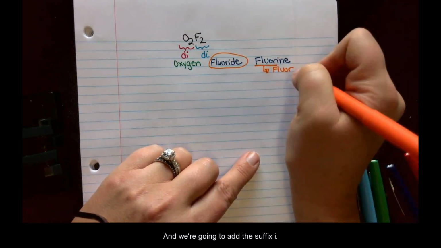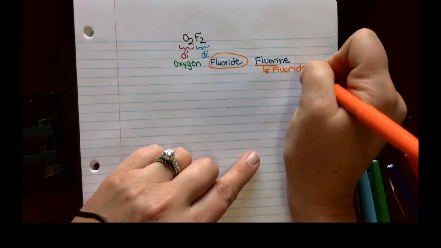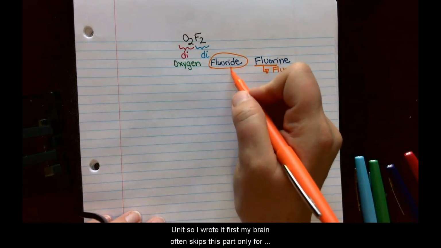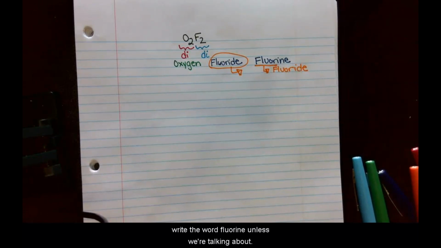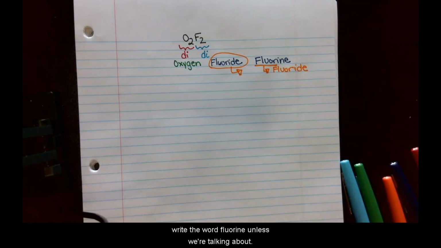And we're going to add the suffix "ide" to show it's our ending unit. So I wrote it first. My brain often skips this part only for fluoride because it's so common that we very rarely write the word fluorine unless we're talking about the element by itself, but almost always in chemical compounds is fluoride. So I am so sorry for my brain jumping the gun there.